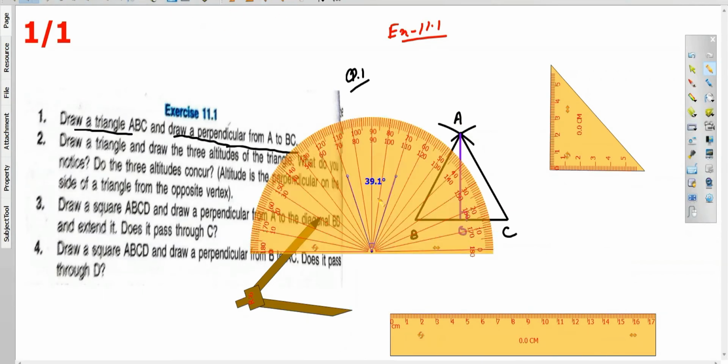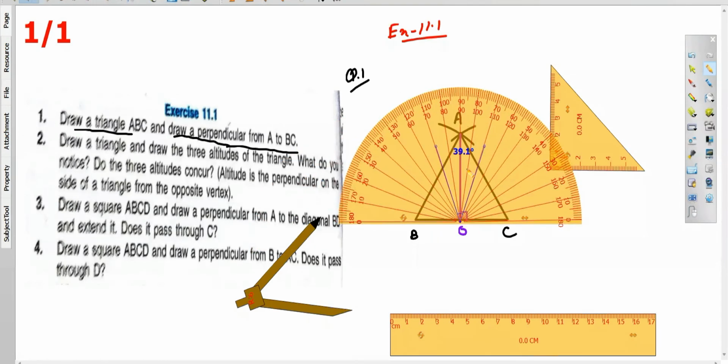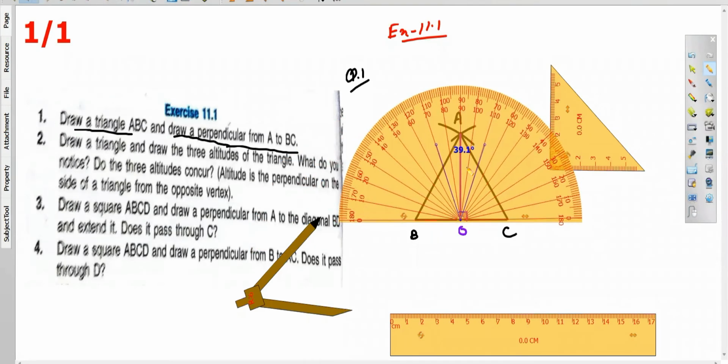This is protractor. See, OA is exact 90 degree, is the exact perpendicular line from A to the line segment BC.